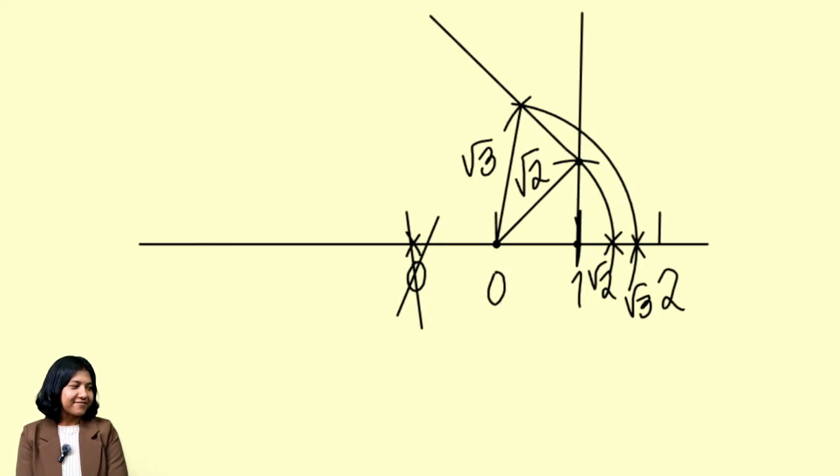So yeah, thinking about locating square root 5 on a number line. You can do it without entirely having to do all of this. Think about square root 5. When do you think the hypotenuse length will be square root 5?